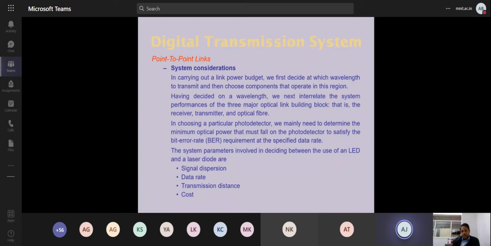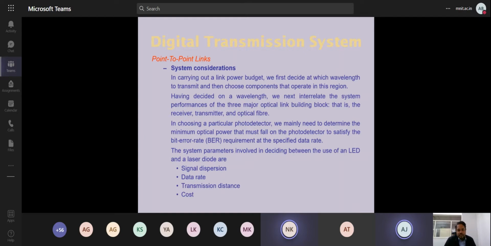And accordingly, if this is the power being transmitted, what are the major transmission characteristics which are hampering or limiting this optical power from reaching the receiver?